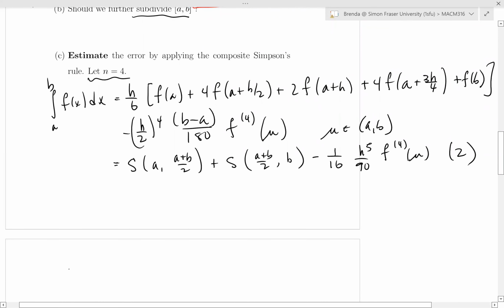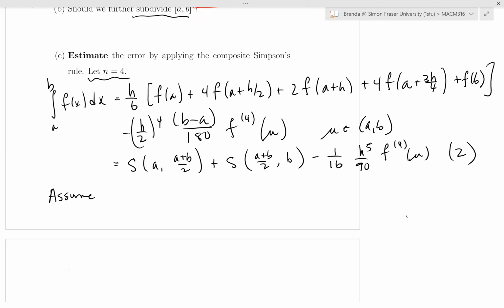Okay. Now, I'm going to make an assumption. I'm going to assume that F fourth derivative at psi is approximately the same as at mu.